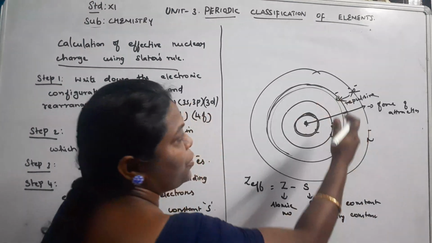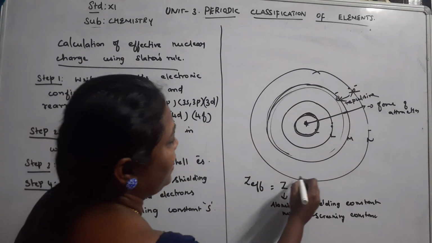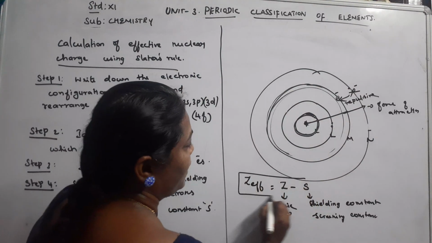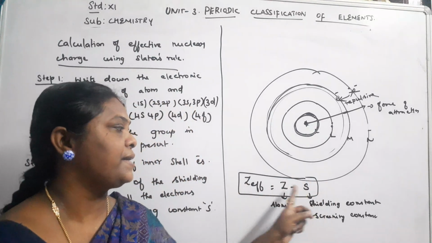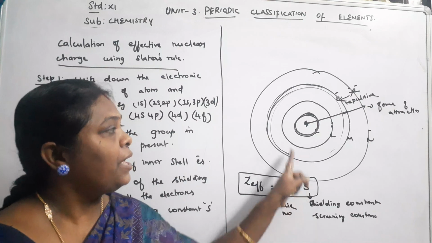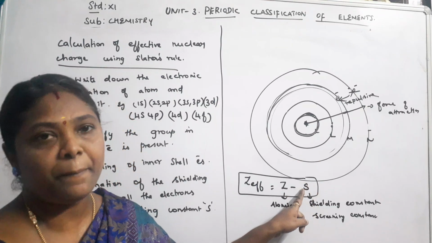How the innermost electrons shield the outermost electrons can be better understood by following Slater's rule, using the formula Z effective equal to Z minus S.